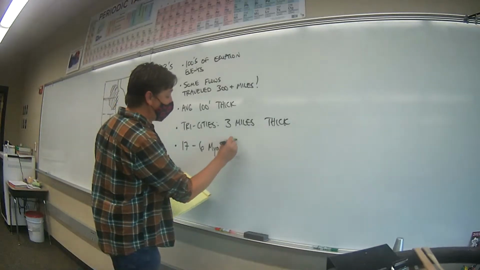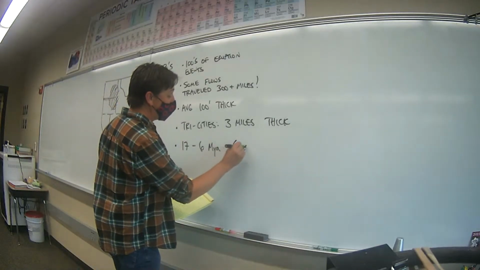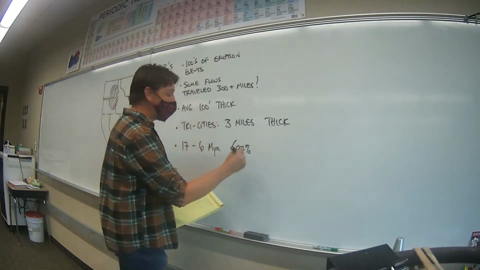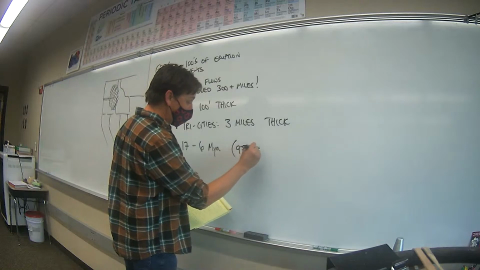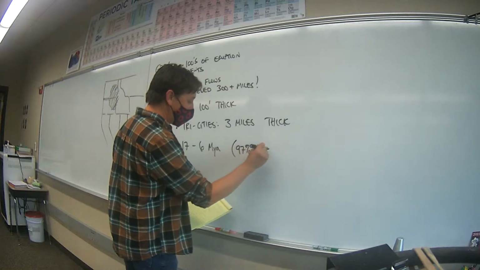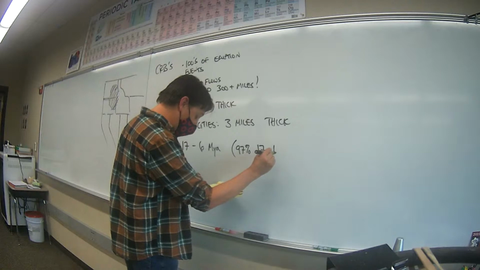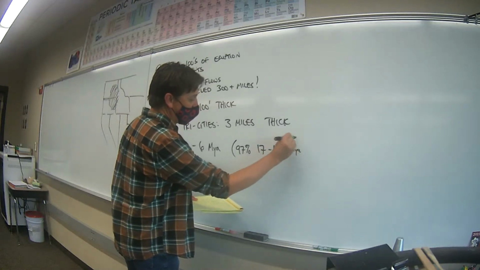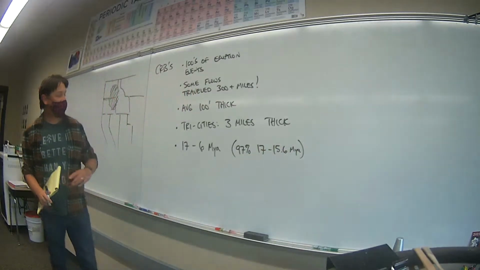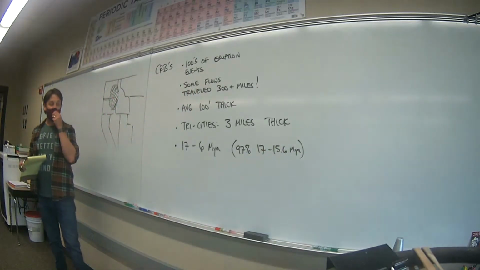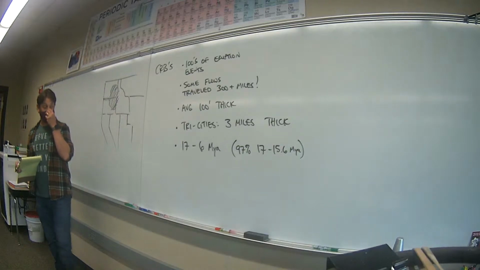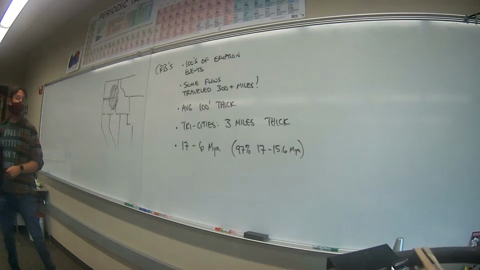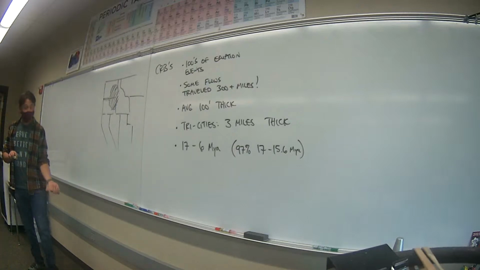Something like 97% of the eruptions was from 17 to, what did I say, 15.6. So almost all of it happens in the course of about 1.5 million years. And then it continues to spin for another 10 million years.